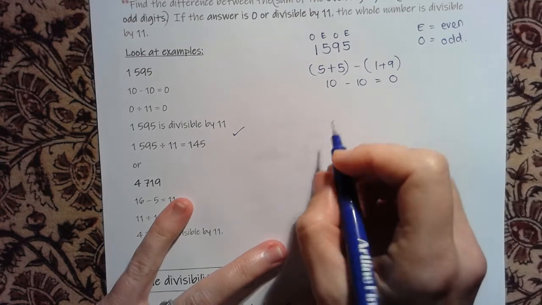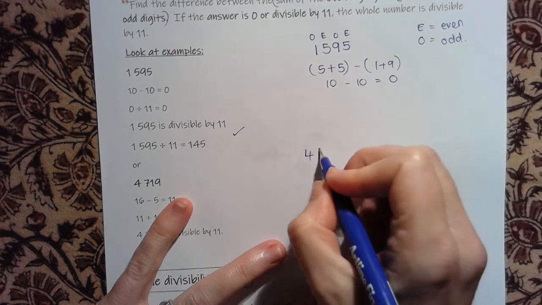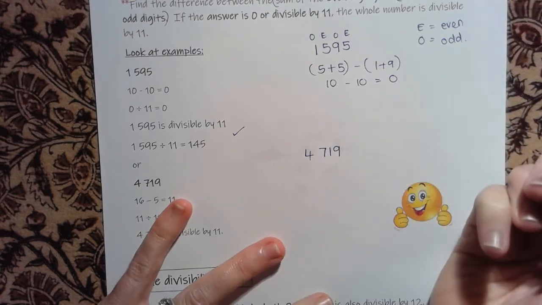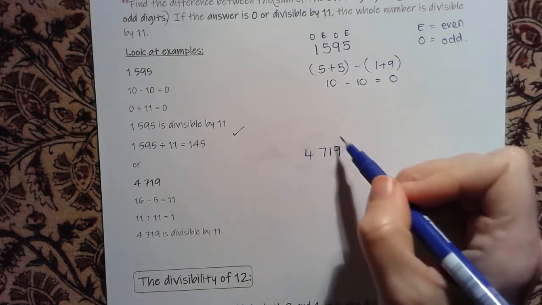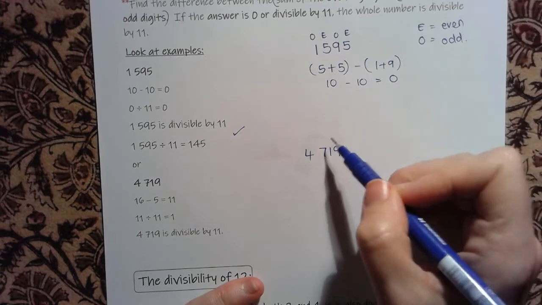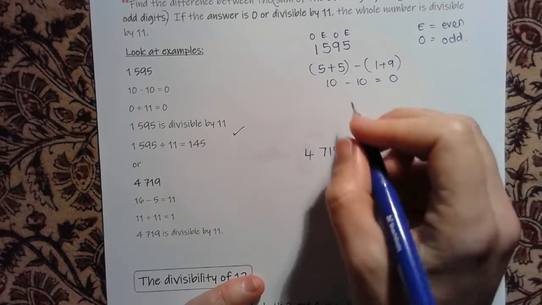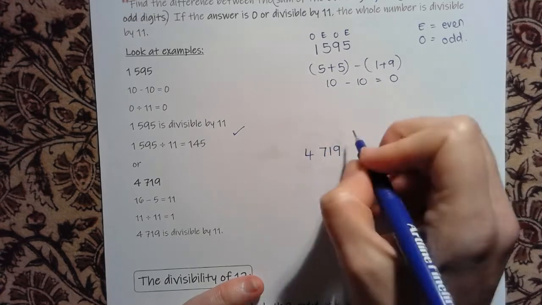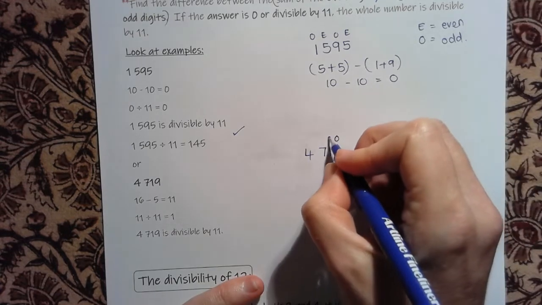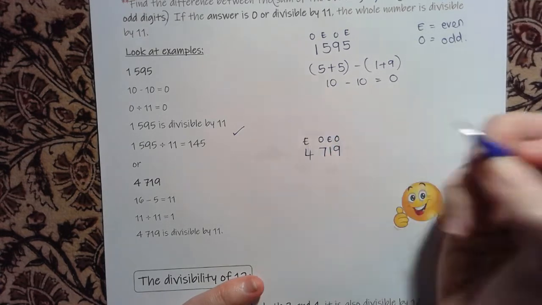Right, so let's go to the next one, 4,719. So we're going to, again, just name them odd, even, okay? So sometimes it doesn't really matter what way around you do it, okay? So let's say this is odd and this is even and this is odd and this is even.